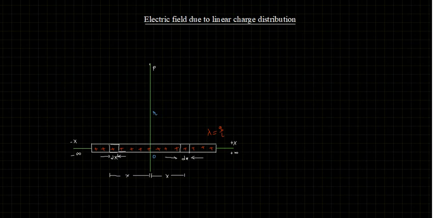The point P is at a distance r from the center, from this point O. We are interested to find the electric field at that point. So that's why we choose these two length elements dx and dx dash. Let dq and dq dash be the charge on these very small length elements.